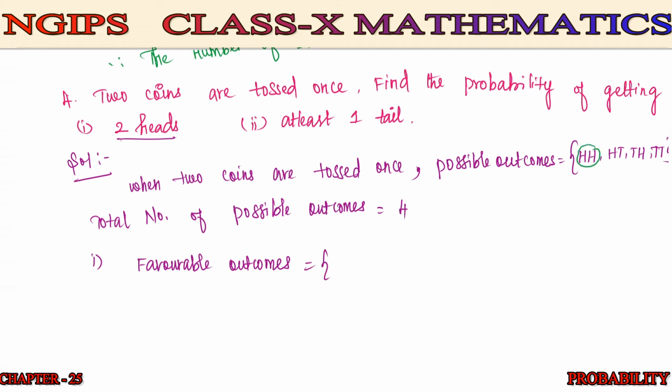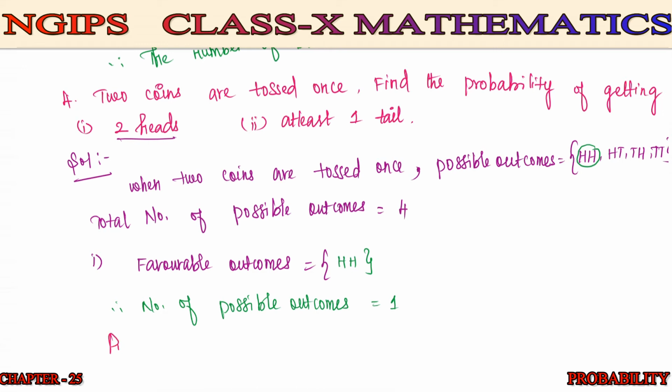So the favorable outcome of 2 heads is HH. Therefore the number of favorable outcomes is only one. Next we need to write the probability.